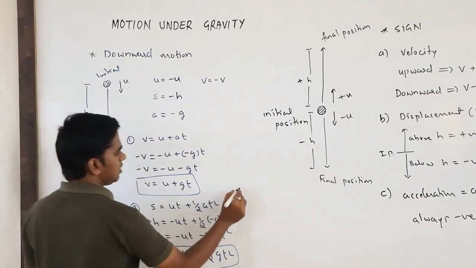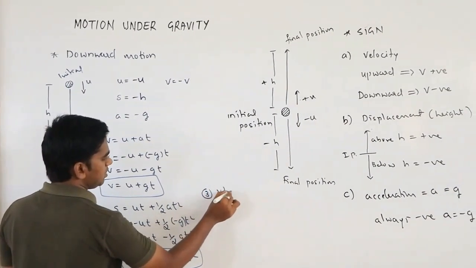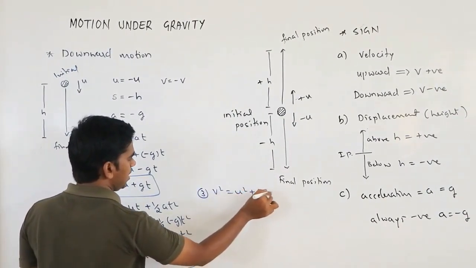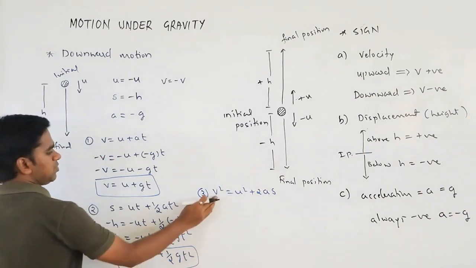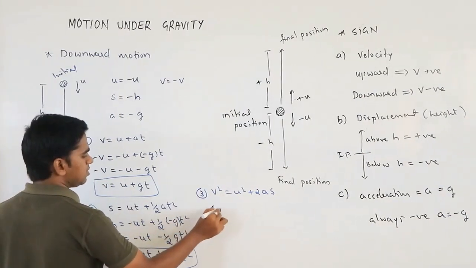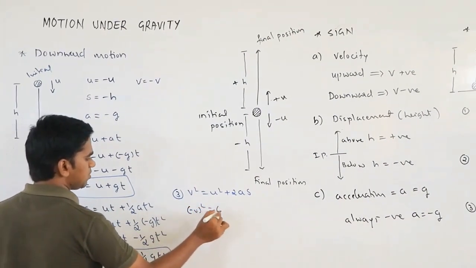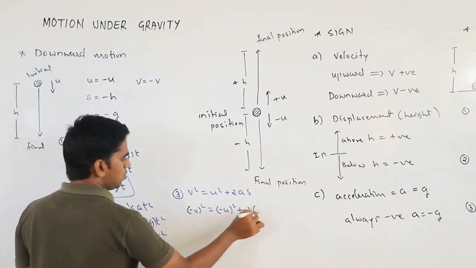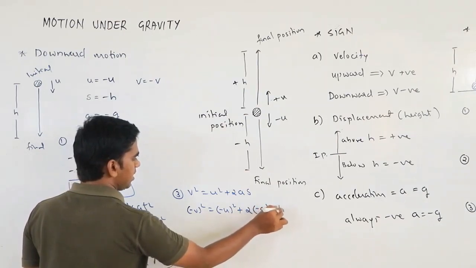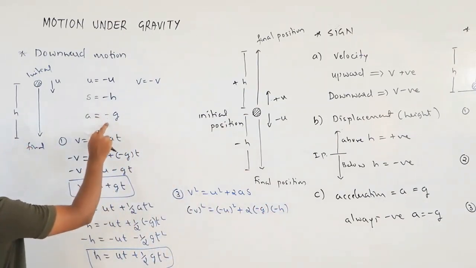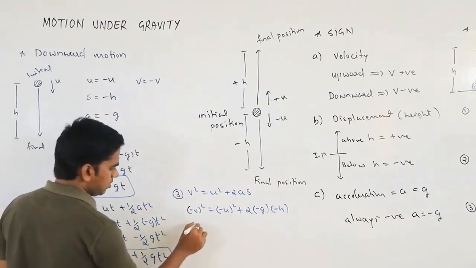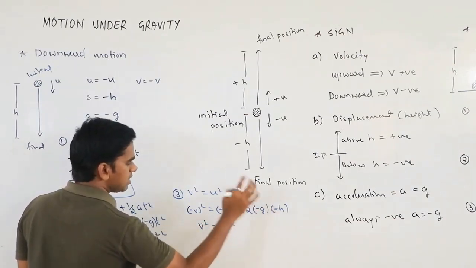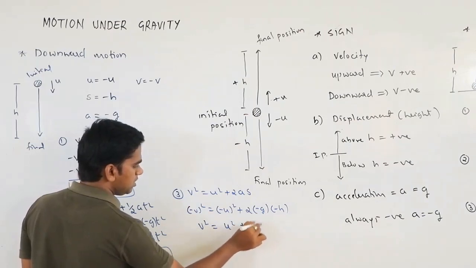Okay, so the third equation is V square equals to U square plus 2AS. V square minus V the square will become plus only, minus U the square will become plus only, 2 into minus G into minus H. So this will become plus, that is 2GH.